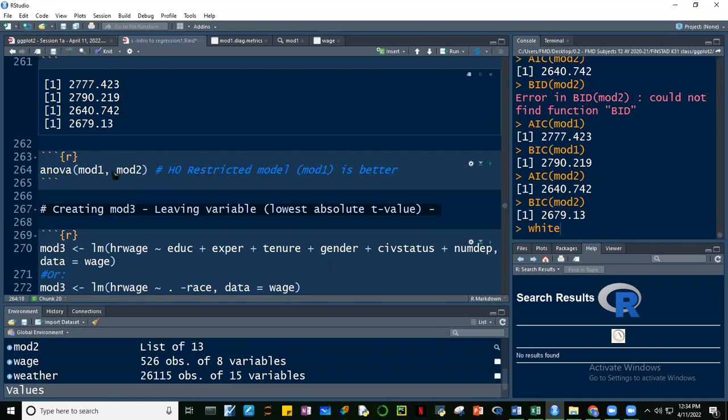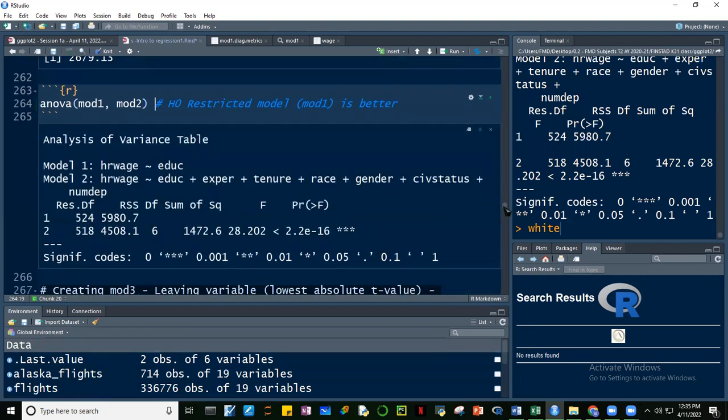Ang tawag kay Model 1, restricted model because mas konti lang yung predictors, si education lang. So, the null hypothesis here: the restricted model, which is Model 1, is better. Remember, this is a statistical test, and every statistical test has its own hypothesis. So i-run natin to.